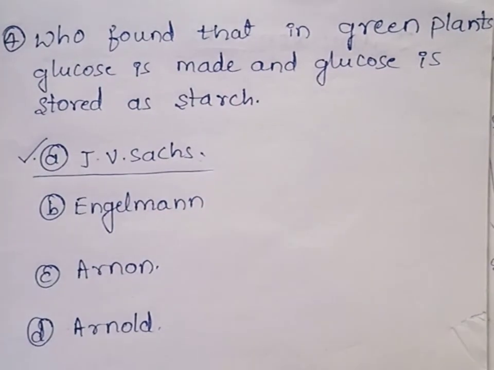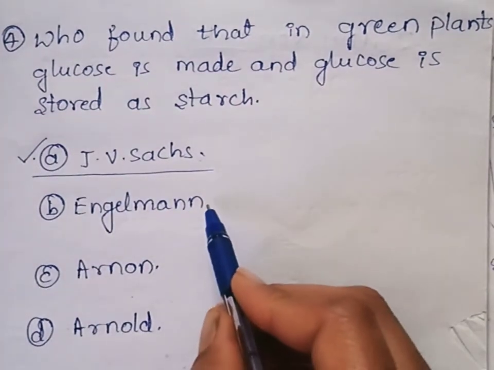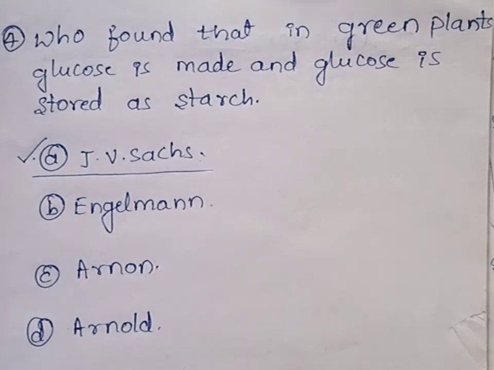So what is the summary of Engelmann experiment? Engelmann conducted the experiment by using the aerobic bacteria, and he explained about the action spectrum of photosynthesis.